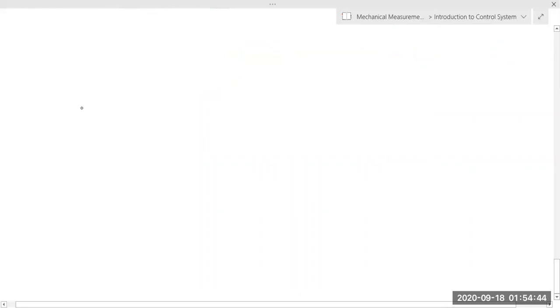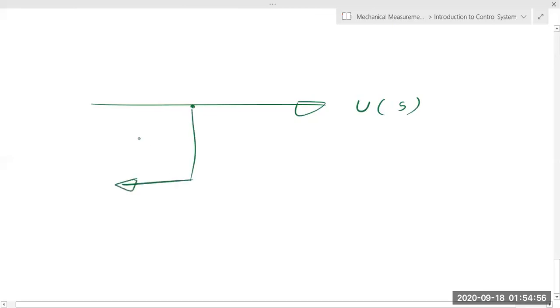Now I'll explain what you mean by another system. Suppose there is an input u of s, and from here there is again an input. Any input taken from this line will also have the same input u of s. If this is u1 of s, this will also be u1 of s. We are taking a signal from the main signal.